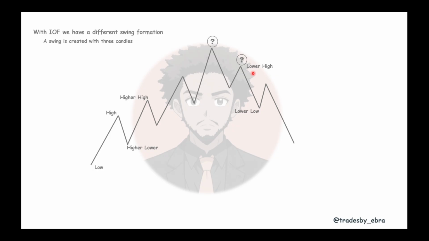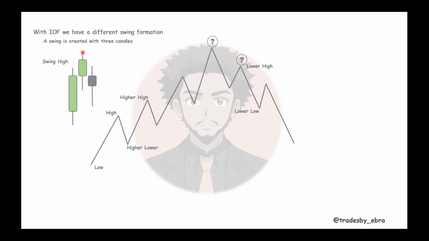Okay, a swing high is created with 3 candles, right? Let us start with the swing high. Okay, we have got 3 candles. They have been printed on the charts. We are seeing that this high has a lower high and a lower high there.